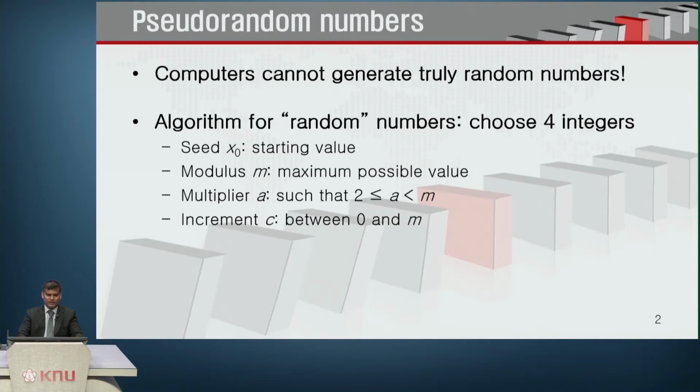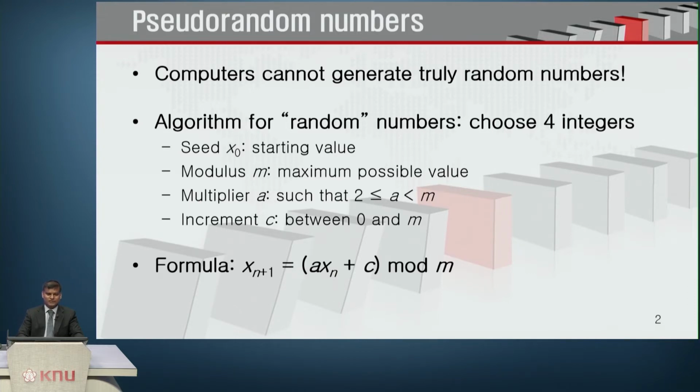With this we can frame the algorithm. We have this form of the random number generator: x sub n plus 1 equals a x sub n plus c, mod m. Did you find all those integers there?